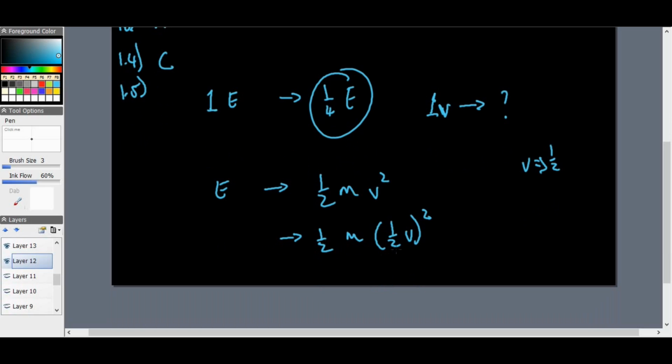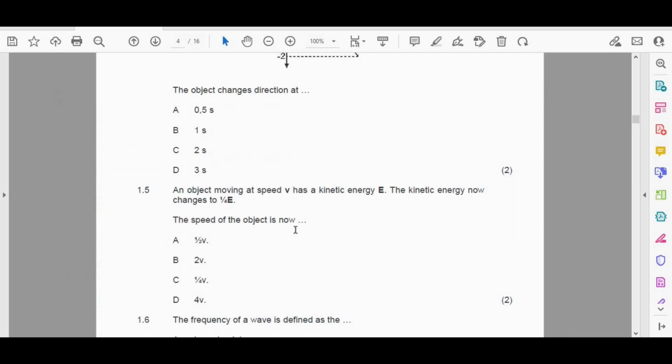That equals half m, and a half squared, let's put it in our calculator, is a quarter. So that becomes a quarter v squared, so half m times a quarter v squared. Let's check this out quickly. Okay, so we just go back to the question quickly.